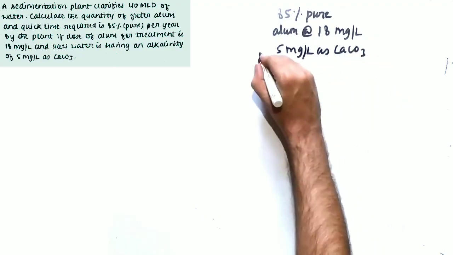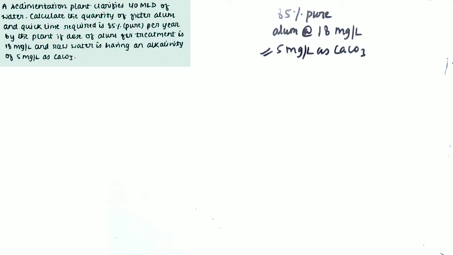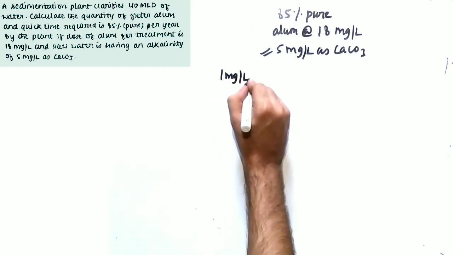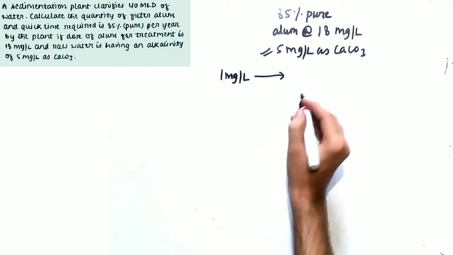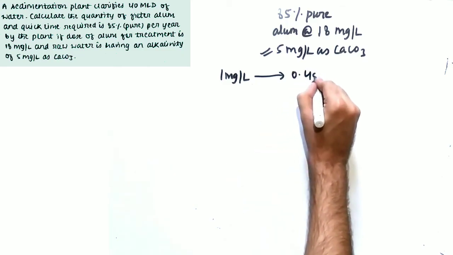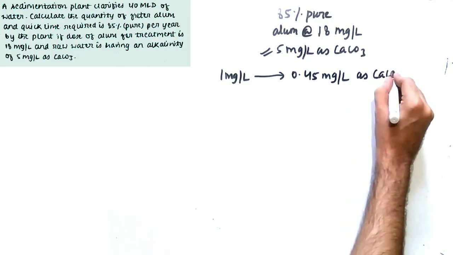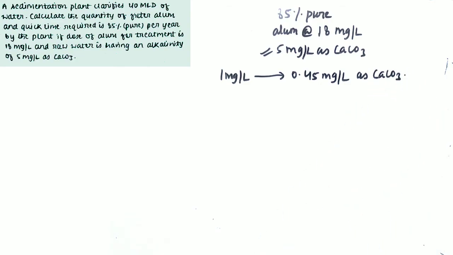See, the alkalinity is measured in terms of CaCO3. So the derivation that we did in the initial part of the video is quite useful in this question. Now you know that 1 milligram per liter of alum will require 0.45 milligram per liter alkalinity as CaCO3. This is the end result of the derivation that we did in the video.